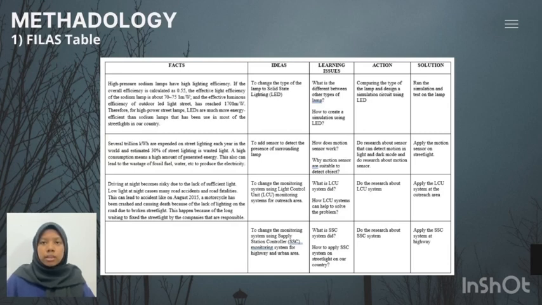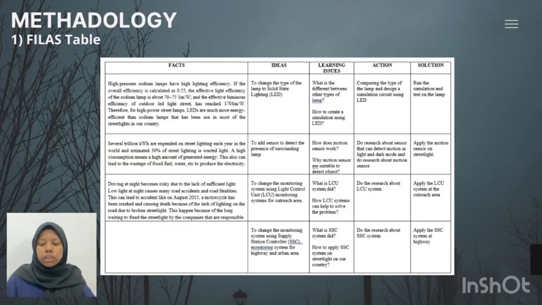So there are other types of lamp that are used in our country as street light lamps. So we choose LED, which is better than the others. So for the action, we compare the types of lamp and design a simulation circuit using LED.